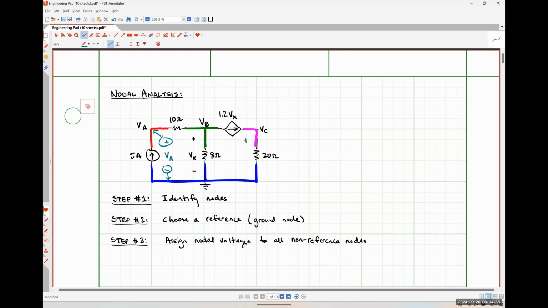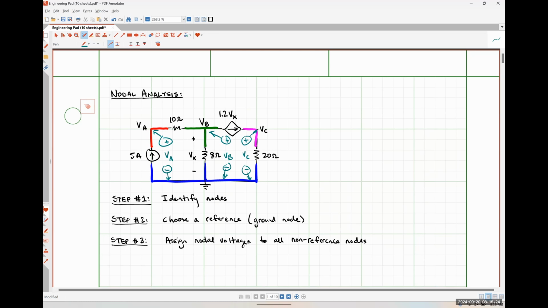VC is just the voltage drop across this 20 ohm resistor, because the positive polarity terminal is at node C and the negative polarity terminal is at ground. VB is just the same thing as the voltage drop across this 8 ohm resistor, because the positive polarity terminal is at node B and the negative polarity terminal is at ground. So that's all a nodal voltage is.